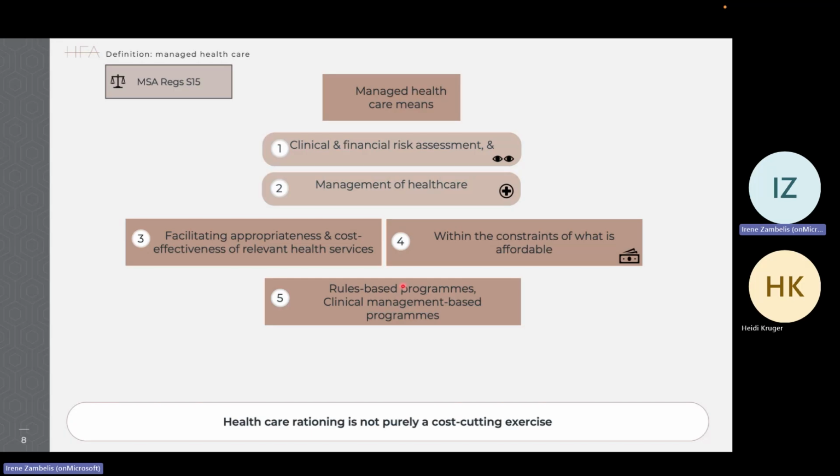And you've got to say to yourself, can I reduce the cost without impacting the health of the individual? And that's what makes it managing health as opposed to just cutting cost.